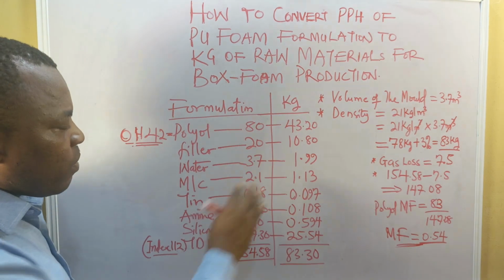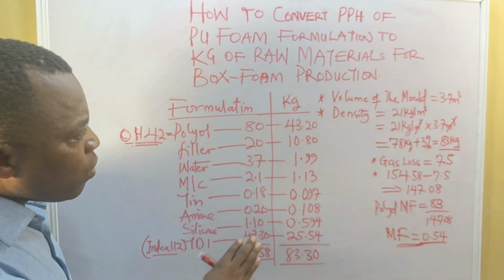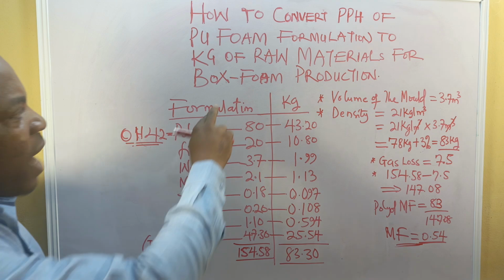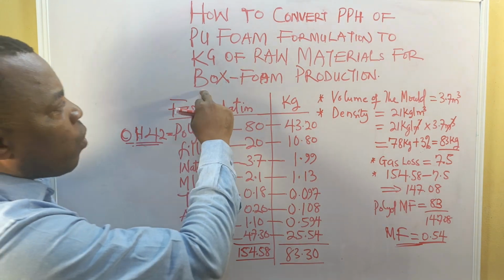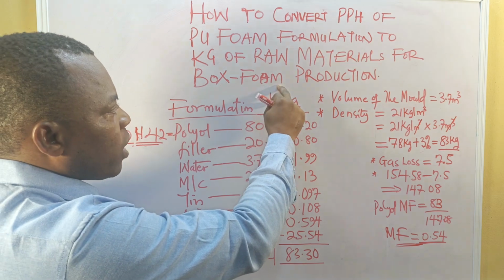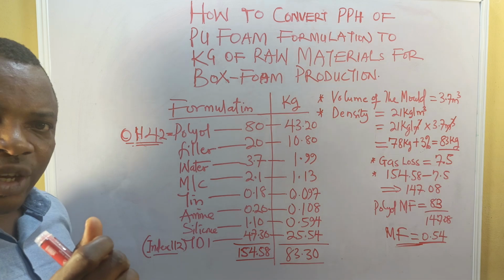Now, looking at this, this is how you'll be able to carry out your costing. For batch process, you cost your foam based on kg, but you have to calculate what they call cost per kg.